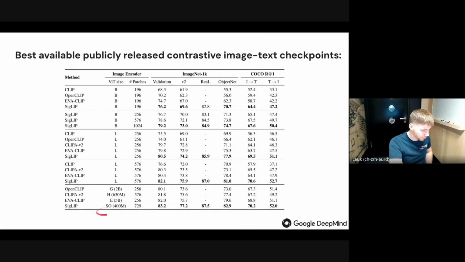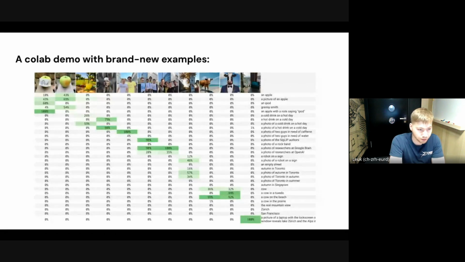So this is much smaller than the G or H or even E models, but actually we trained the CLIP model of that shape that performs better than even these larger ones. So big table, many numbers, just to say if you need the image text model that is really good, just download and try out SigLIP.